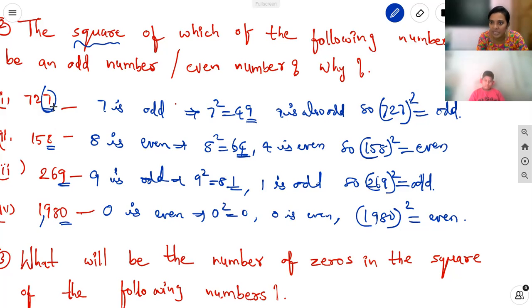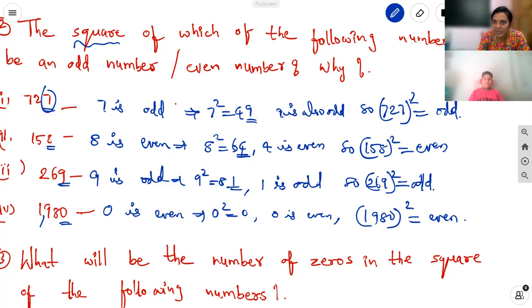So just check out. If the ones place digit is odd, then the square of the number is odd. If the number is even, the square of that number is even. You remember that.